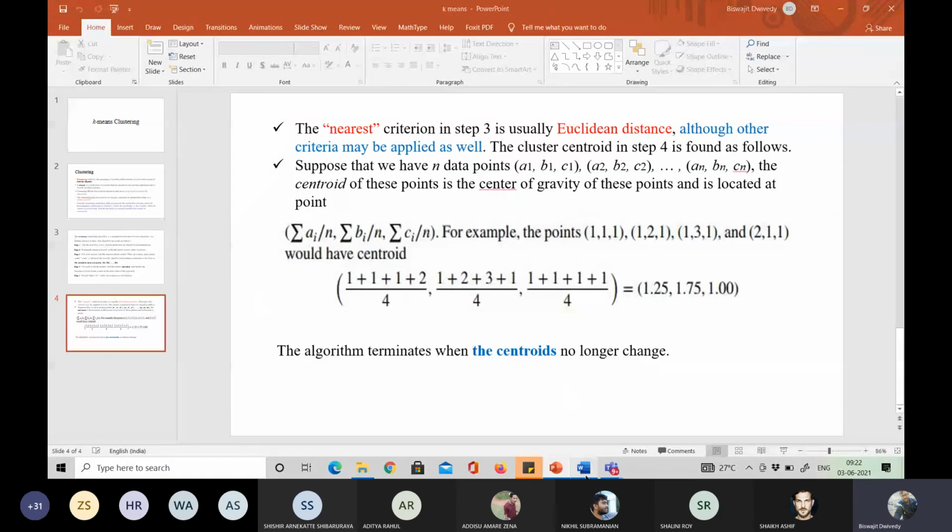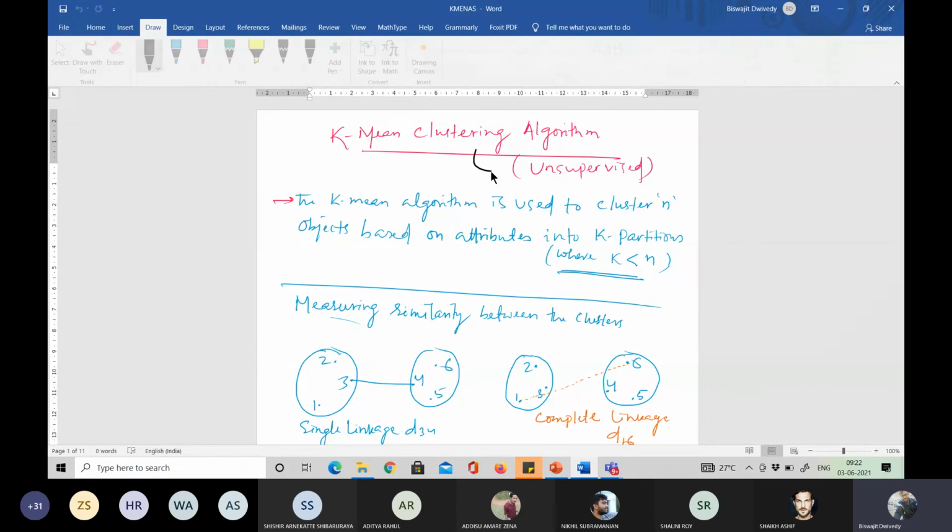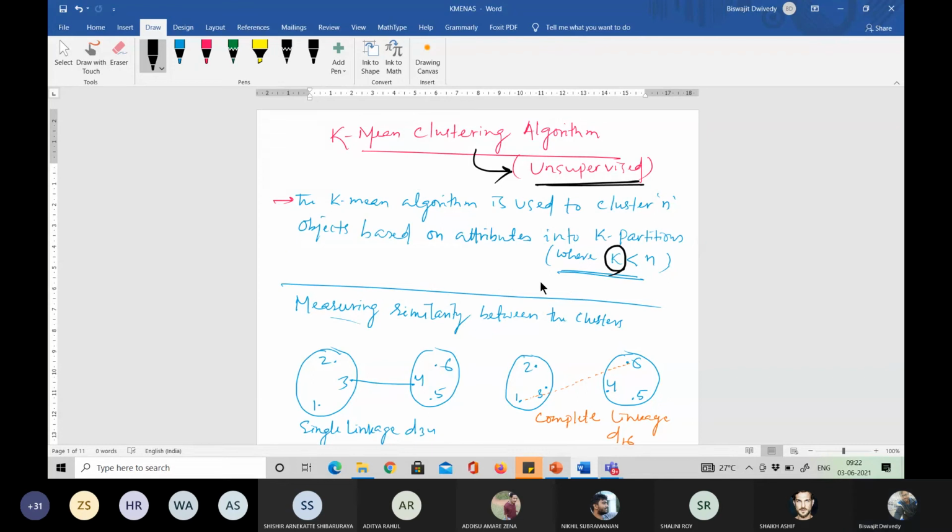These are some of the fundamental things written here. I have already told you that K-means clustering is one type of unsupervised algorithm. The first step is deciding K, the number of clusters in which we are going to partition all the data.